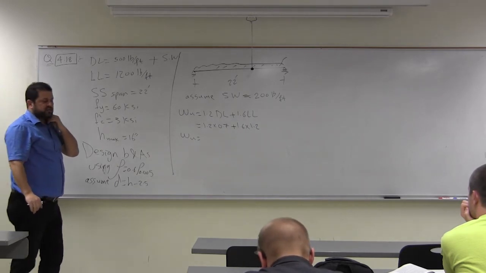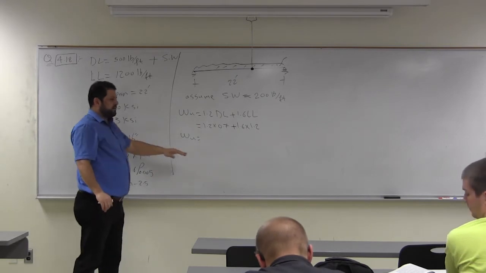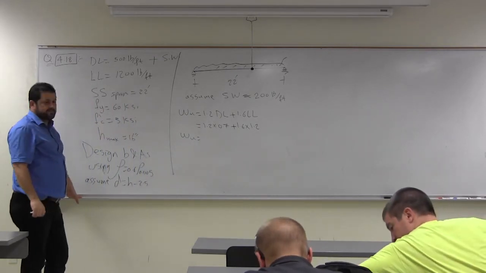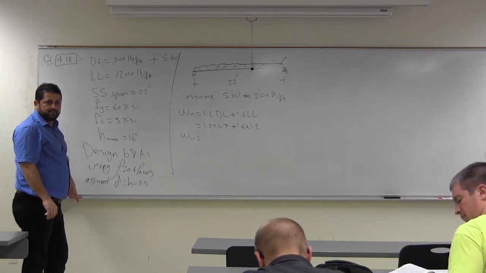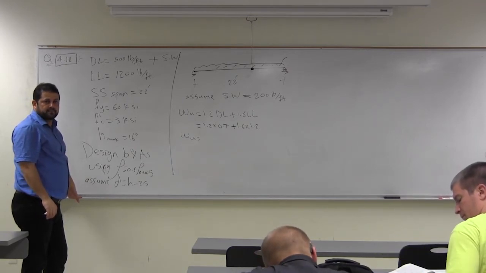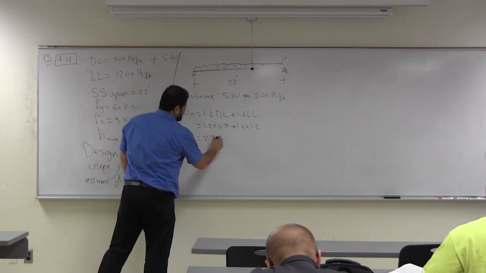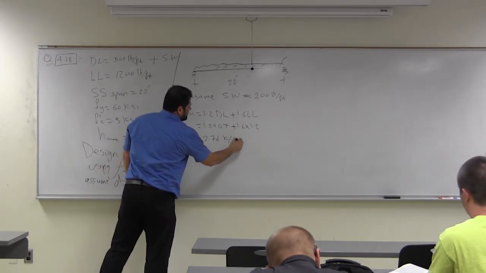You guys need to do the calculation with me as I go. Get the answer. 2.76 kip per foot.